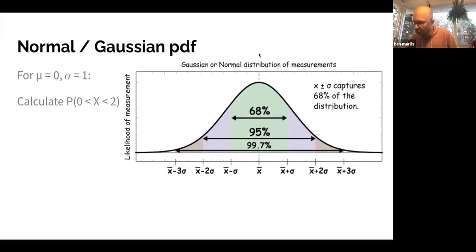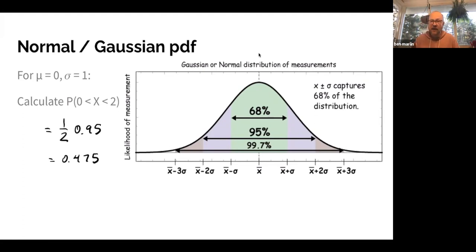And so consequently, you can see that you must be getting half of that 95%. And so that would be about 0.475, okay?